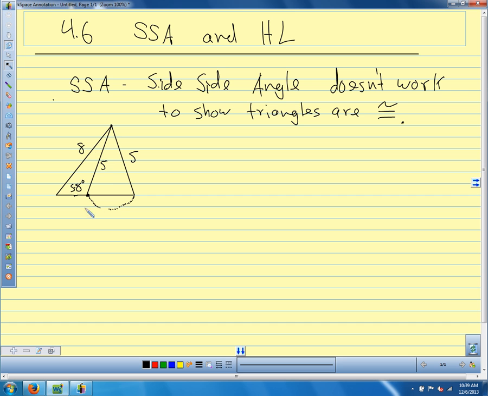And that side length is 5, this side length is 8, and that's a 58-degree angle. And this small triangle is not congruent to the big triangle. So that's why side-side angle doesn't work, because we can end up with more than one triangle that has the same two sides and the same angle.